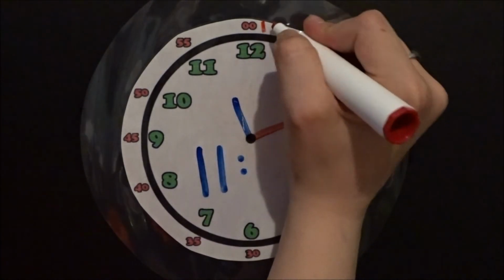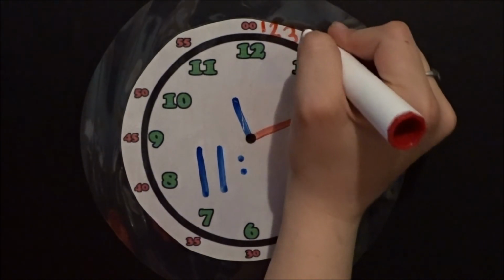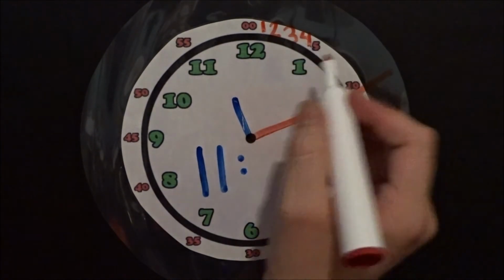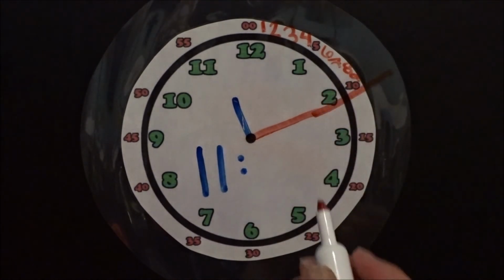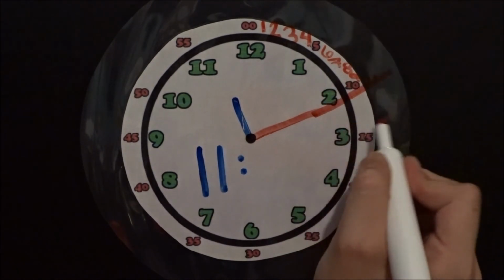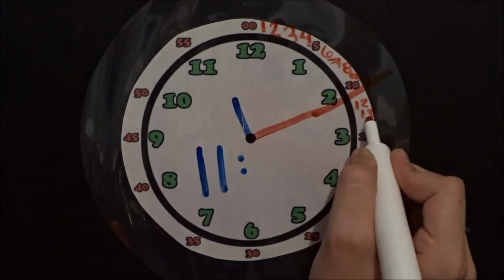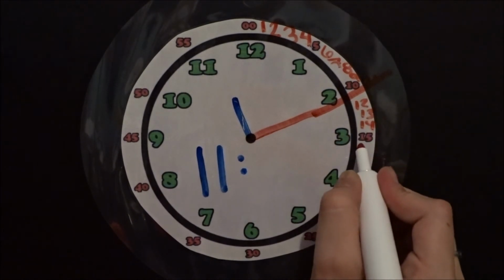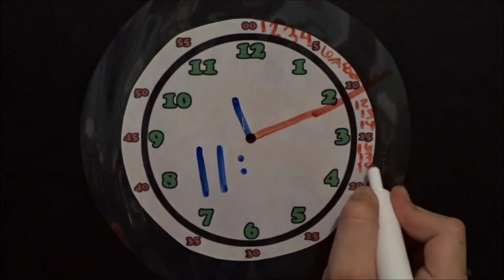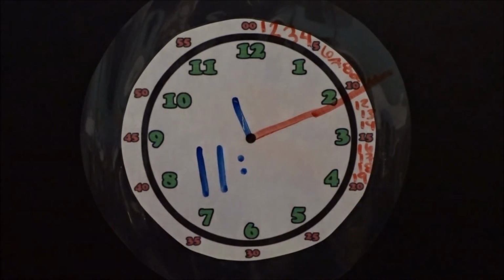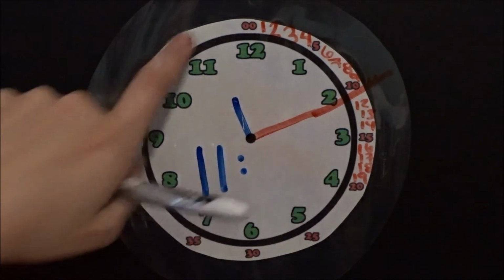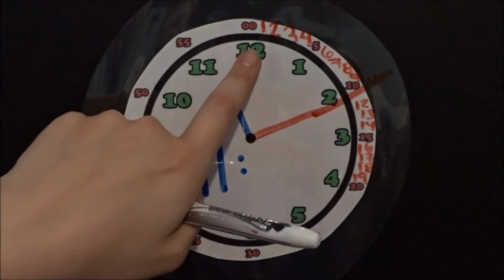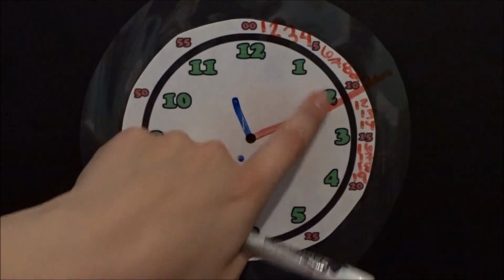So you actually have 1, 2, 3, 4, 5, 6, 7, 8, 9, 10, 11, 12, 13, 14, 15, 16, 17, 18, 19. So all of these minutes are all around the edge. But we count by 5s just because it's easier.